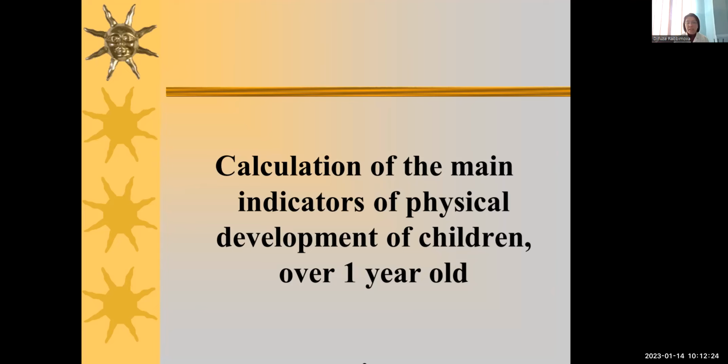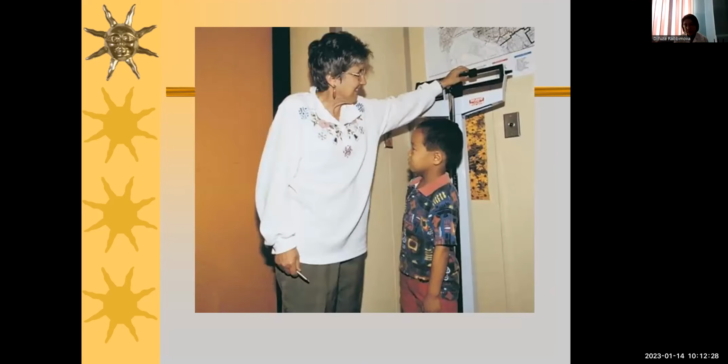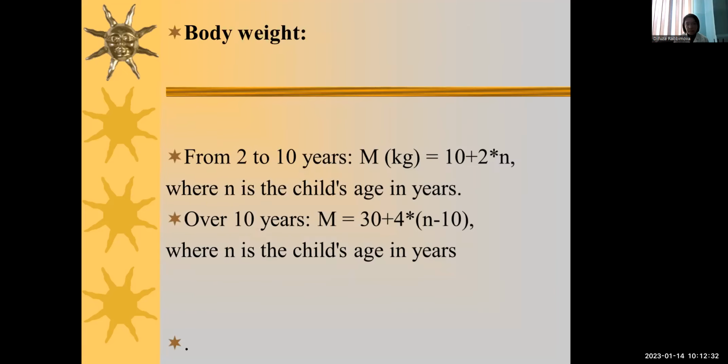Calculation of the main indicators of physical development after 1 year old. Calculation of weight. Body weight from 2 to 10 years by the formula M equals 10 plus 2 multiplied by n, where n is the child's age in years.